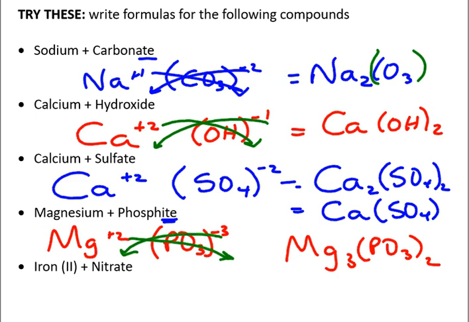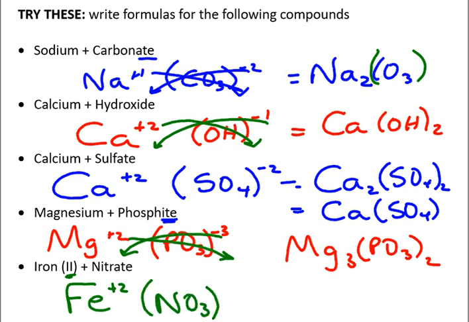What about if I've got a transition metal and a polyatomic ion? Well, this is the same as all the other cases. We're still going to write the formula for the iron as Fe. This Roman numeral tells me the charge will be +2. Nitrate is a grouping, NO3.